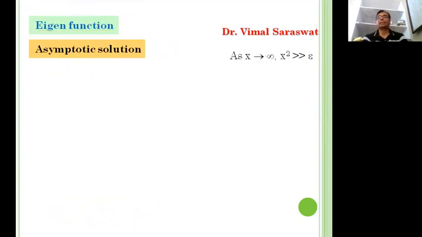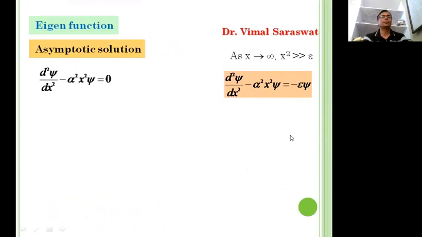As x tends to infinity, x square is very much greater than e, and since our equation is d2 psi by dx2 minus alpha square x square psi is equal to minus e psi, and x square is very much greater than e, the form of this equation will be d2 psi by dx2 minus alpha square x square psi is equal to 0. Here we neglect the term e psi in comparison to alpha square x square psi.